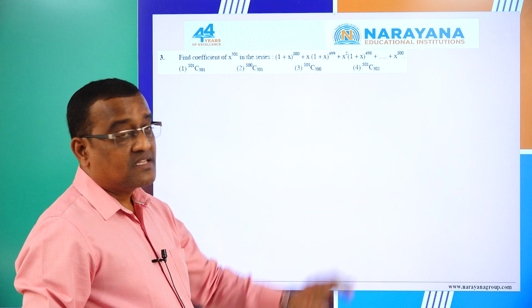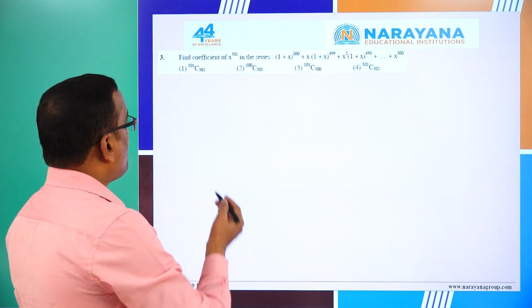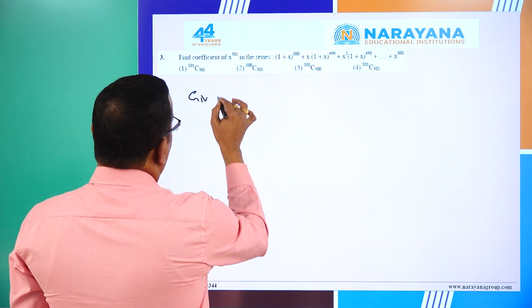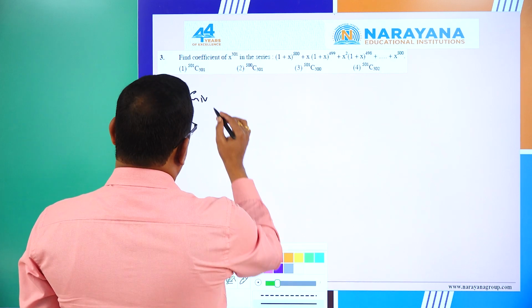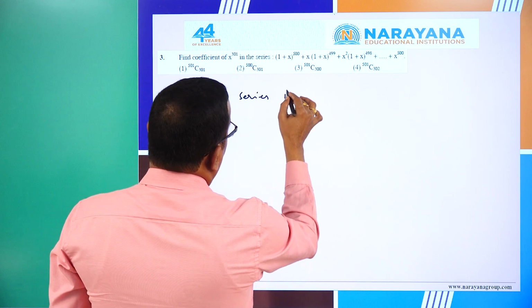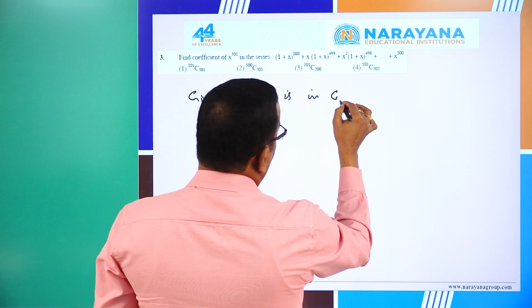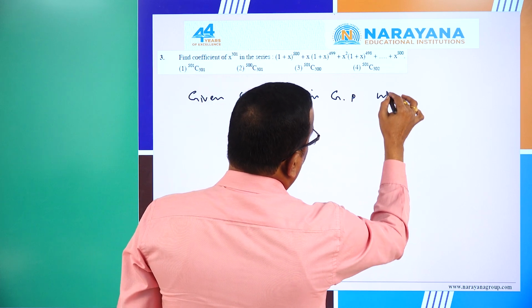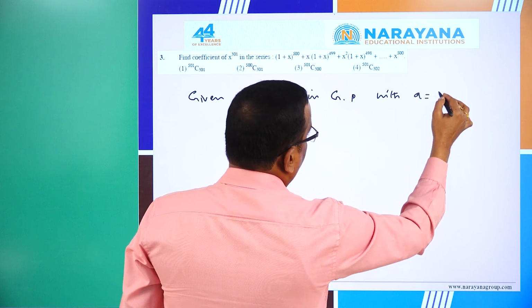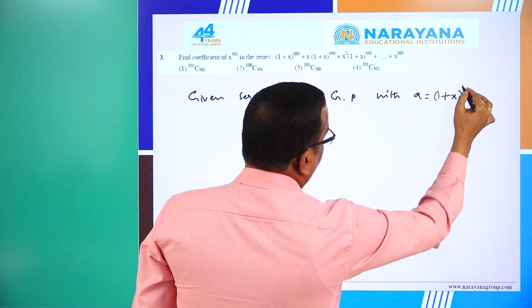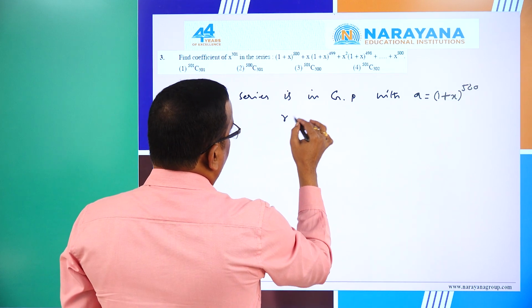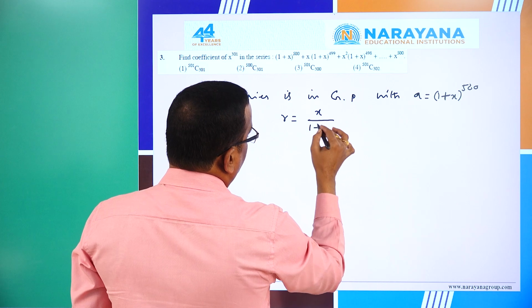Here the given series is in GP, with first term (1 plus x)^500, common ratio x by (1 plus x).